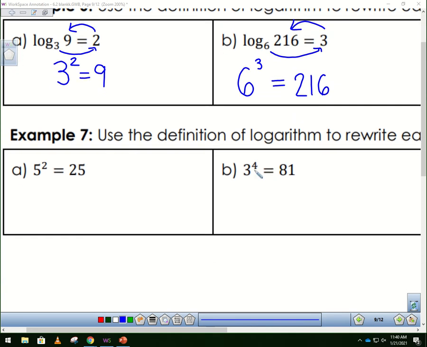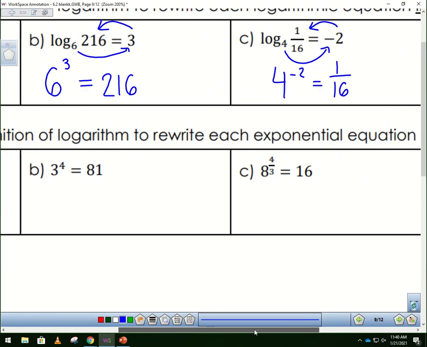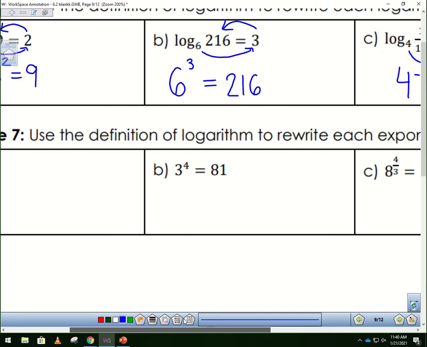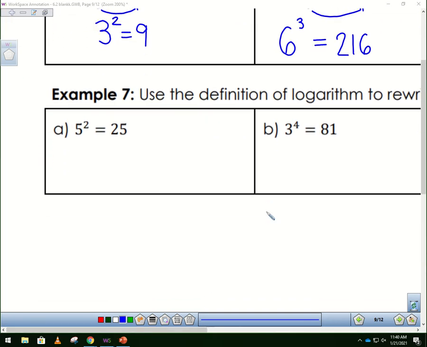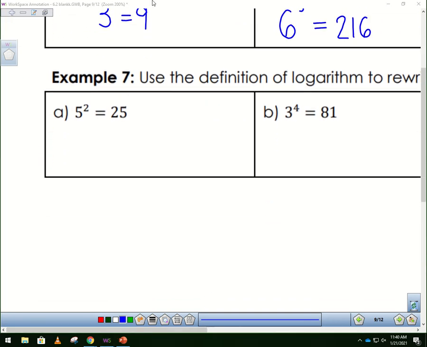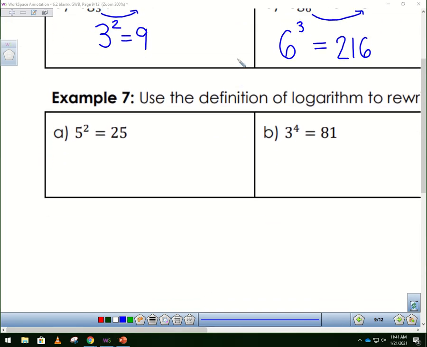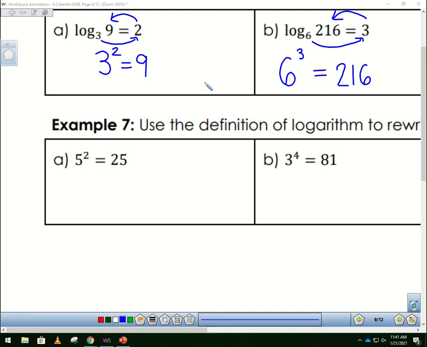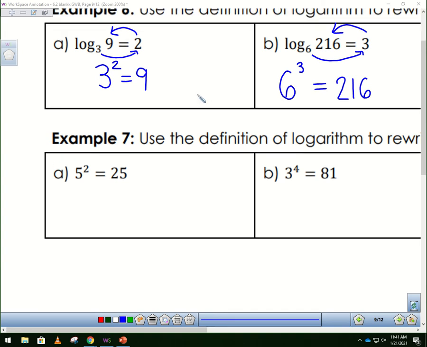All right, so example 7 says, use the definition of a logarithm to write each exponential equation into logarithm form. First thing you're going to do is look at these and look at the one we did before. Did anybody figure out how to do A?